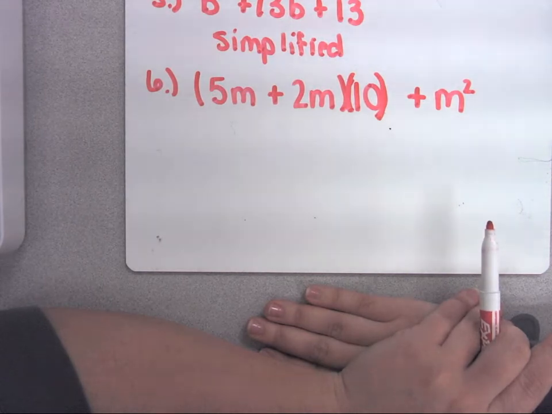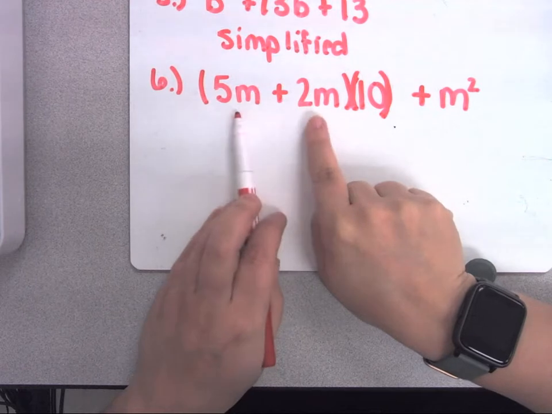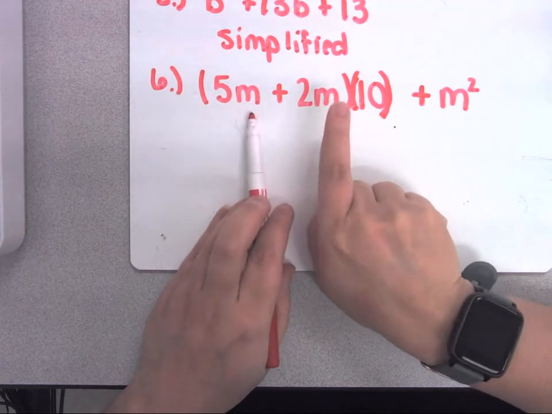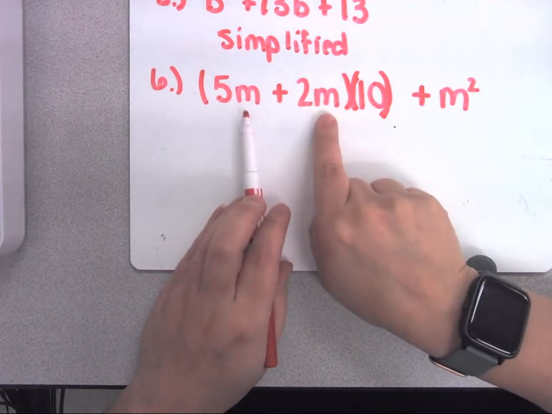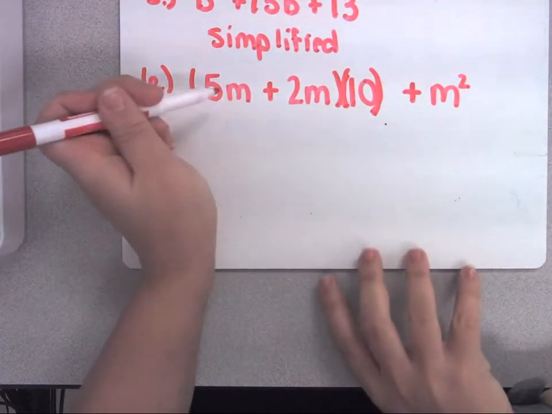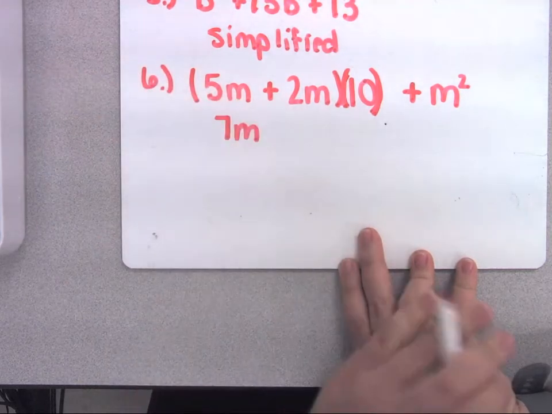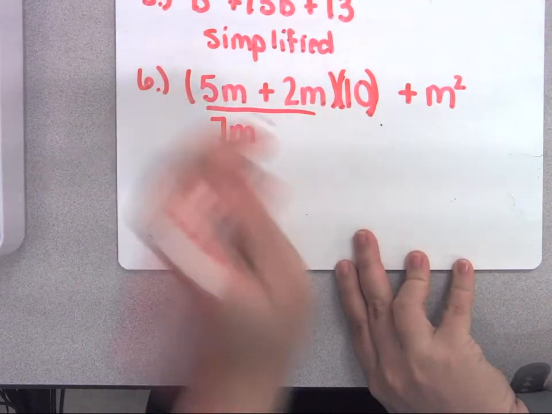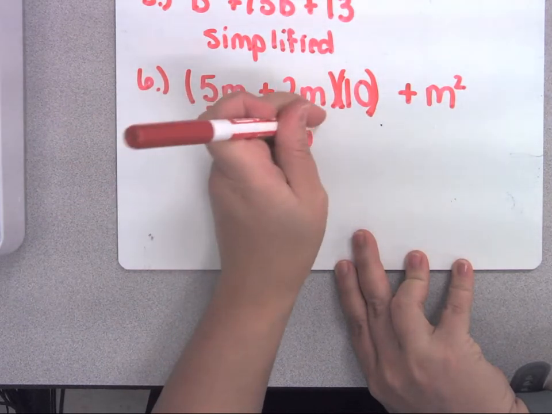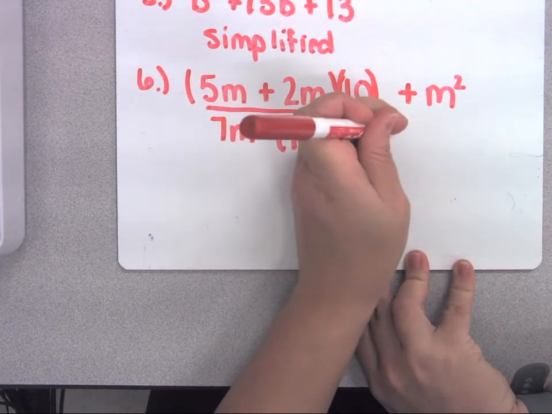Order of operations tells me to look on the inside of the parentheses first and go, hey, can we add those things together? Can we simplify this? 5m plus 2m. Can we combine those like terms? Are they like terms? Say yes, Mr. Rinaldi, they are. So 5m plus 2m turns into 7m. That means times 10. We still have times 10 there. Then at the end, we have plus m squared.